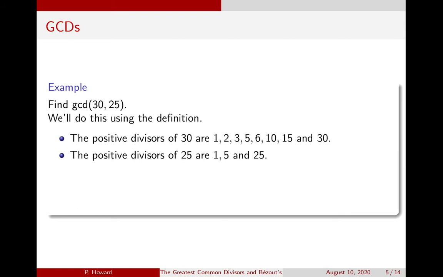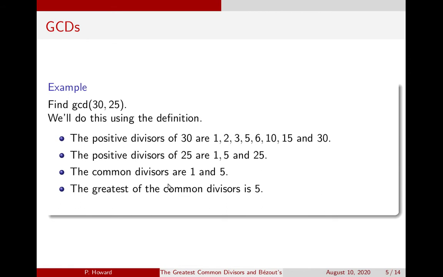Then we'll list the positive divisors of 25, just 1, 5, and 25. The common divisors, the numbers that appear in both lists, are 1 and 5. And the greatest of the common divisors, the largest in this third list, is 5. So the greatest common divisor of 30 and 25 is 5.